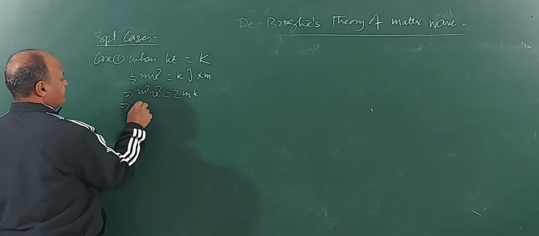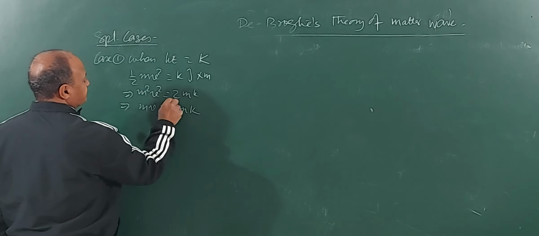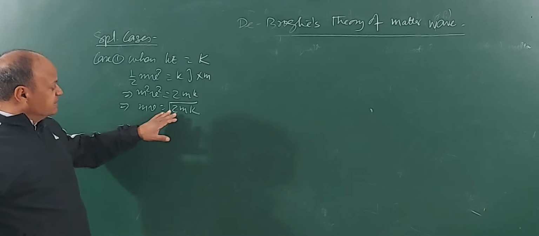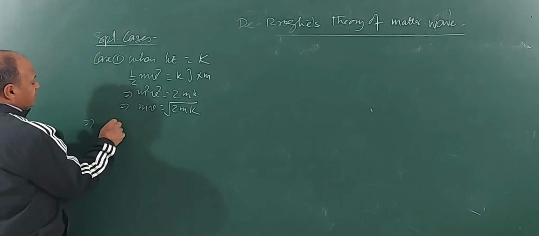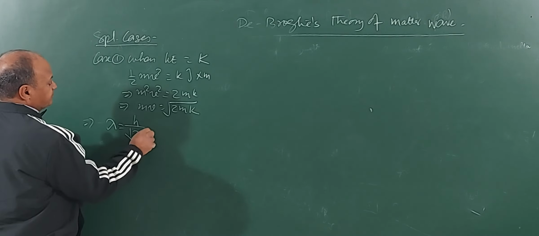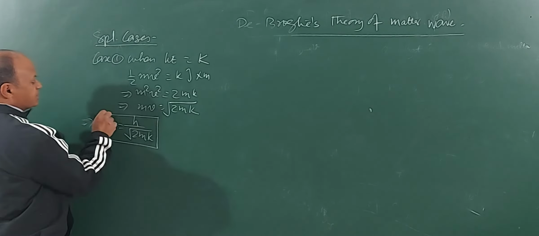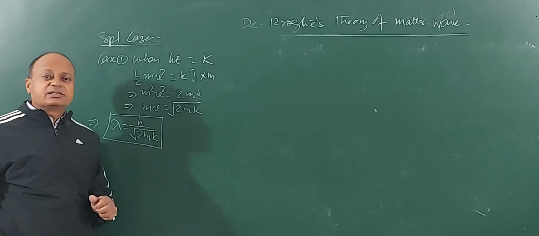And this shows that mv is equal to root over 2mK. So, if kinetic energy is known to you, you can replace mv by root 2mK, and then we get lambda is equal to h by root over 2mK. This is an interesting equation that we will be using when kinetic energy is given.